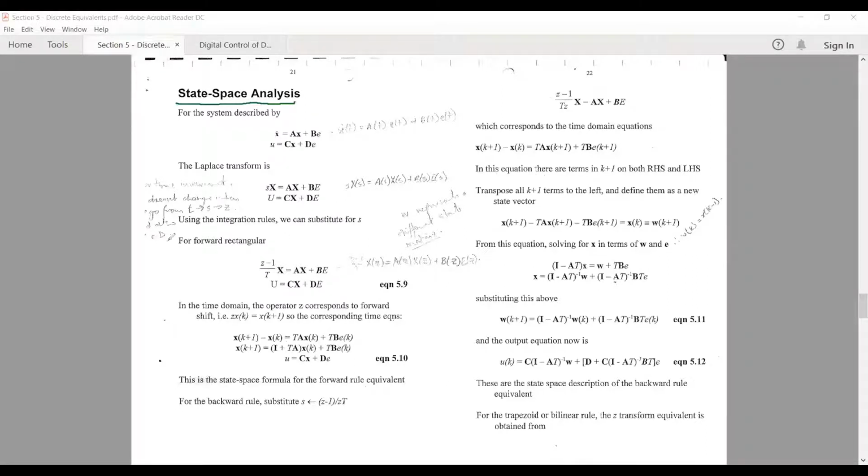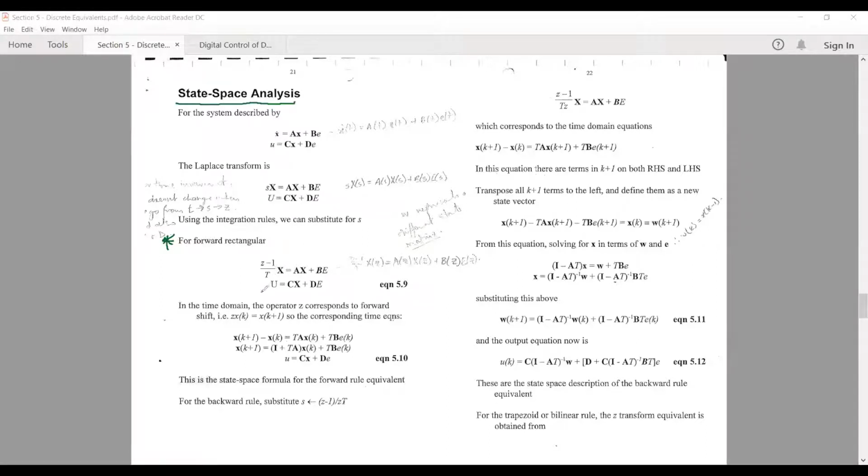For the first one, the forward rectangular rule, we can substitute s equals z minus 1 over T. When we substitute, this is what we get, and the second equation U will remain the same. Now we can further simplify this and obtain a function in terms of k.